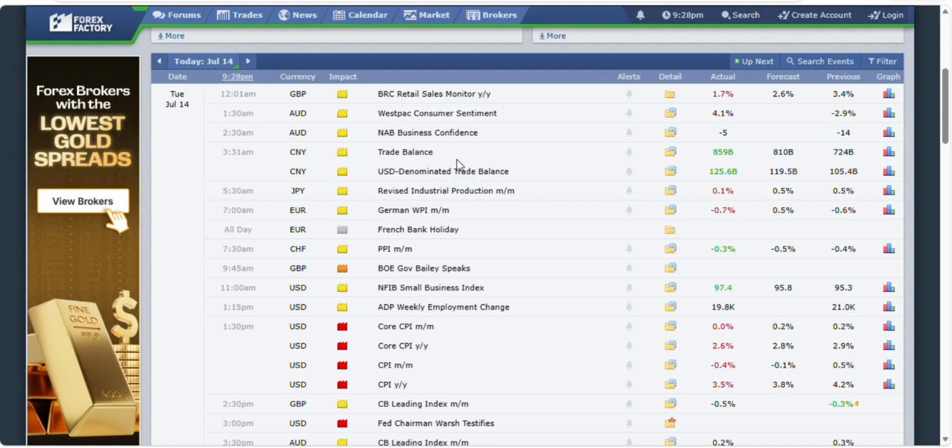Even this trade balance, they say low impact, still shows a positive impact on the Chinese economy, because when you look at it, previously they had 724B, it was forecast at 810B, and it turned out at 859B, and it is on green. This shows you that the economy of China, their balance was strengthened. So it's good.